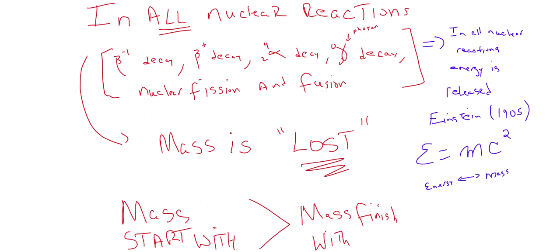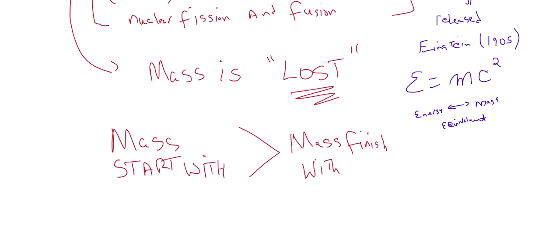They're essentially equivalent. So what's happening is the mass that you start with is greater than the mass you finish with, but then we have to add in the energy. This energy is the missing mass, delta M, the mass that got converted, times c squared.